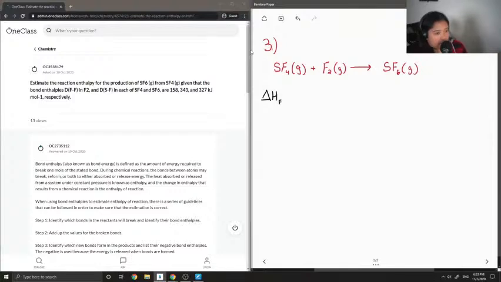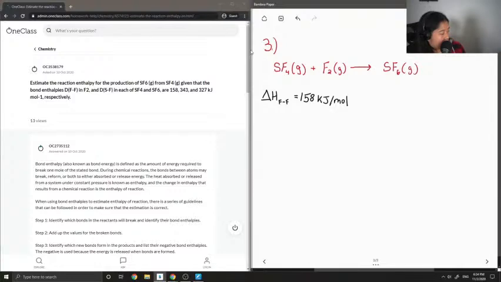So I'm going to denote in the lowercase subscript the enthalpy of the fluorine-fluorine bond, which is 158 kilojoules per mole. So this value represents the energy that it takes to form the fluorine-fluorine bond.